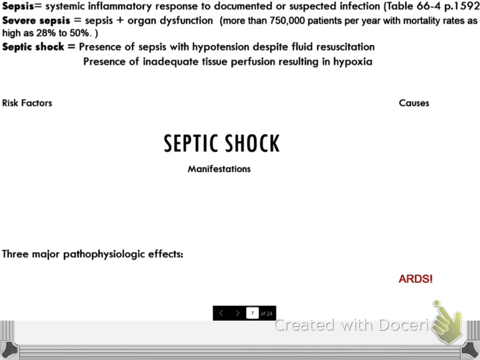And it can also cause myocardial depression. So with these patients, sometimes their ejection fraction will go way down. When we get them out of septic shock, it will return to normal, usually over like a week to 10 days, I think your book says.